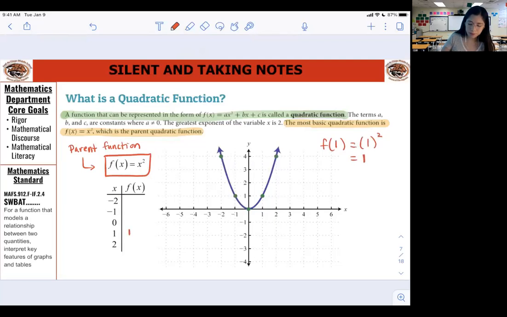Now from there I can plug in 2. And again, I'm squaring it. So 2 squared, what do I get? 4. Then I'm going to go ahead and plug in 0. What's 0 to the power of 2? 0.